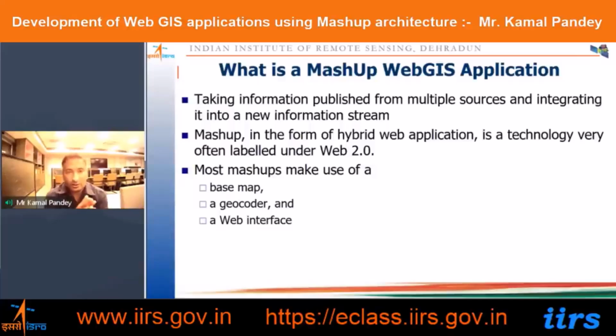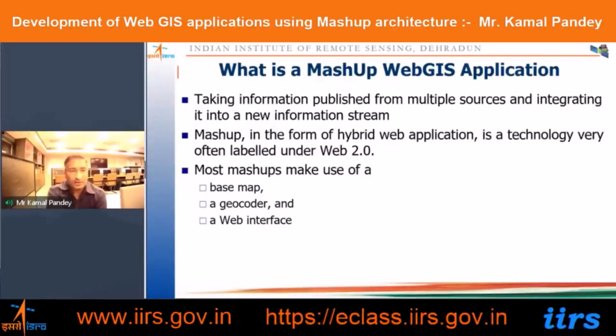The same concept can be applied with your web GIS application also. Here we take information published from multiple sources and integrate it into a new information stream. You take information from multiple sources and publish your own new information.